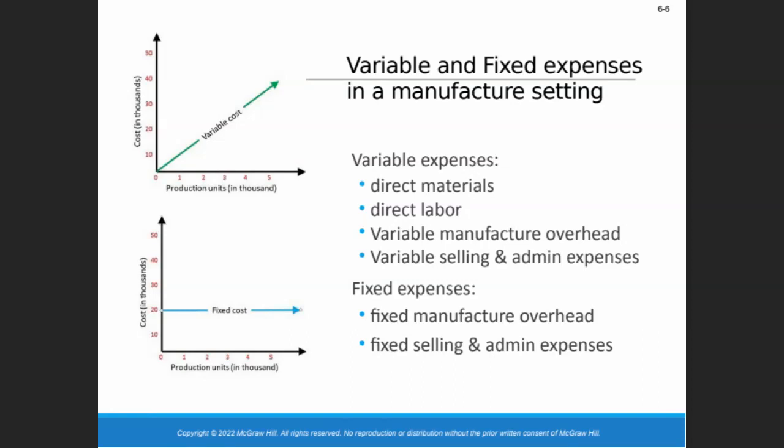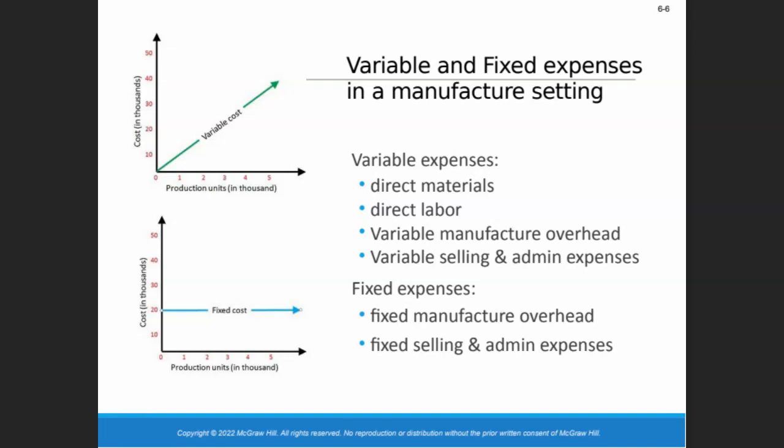For variable cost, the total cost is linear, so we assume a linear line. As we increase or decrease the production or sales volume, your total variable cost will increase or decrease proportionally, with a constant variable cost per unit. But fixed cost in the relevant range will stay constant.